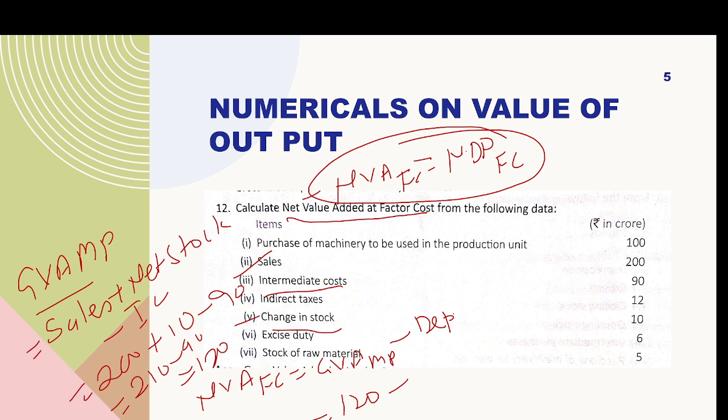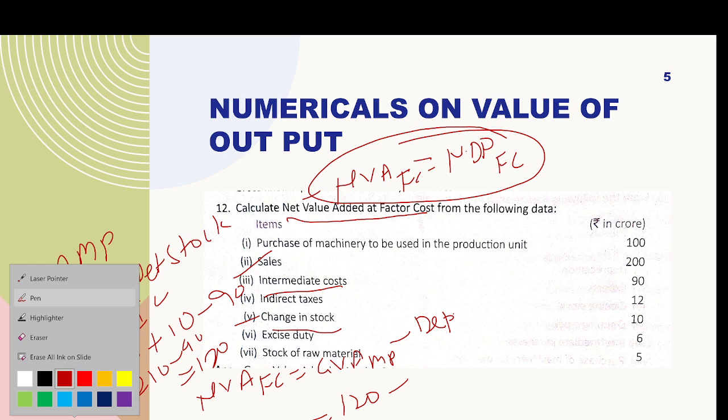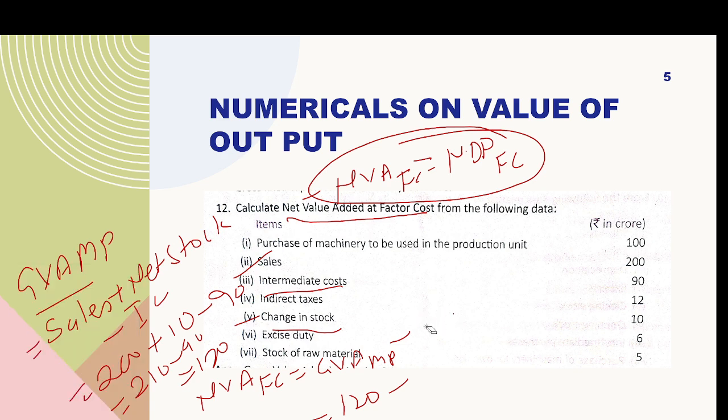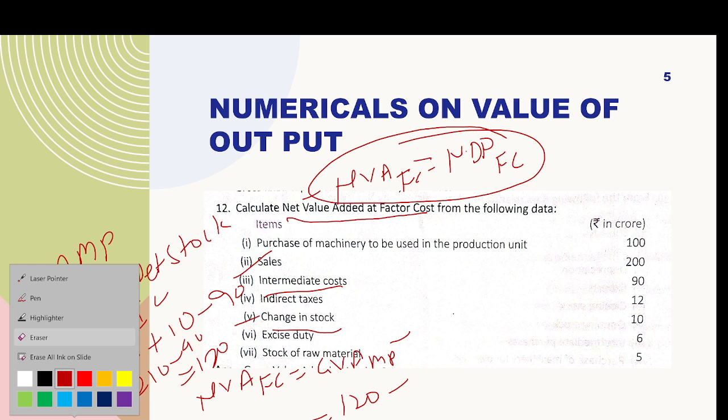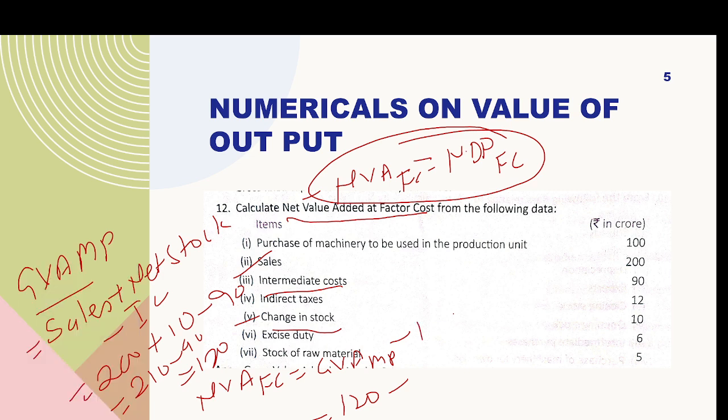In the question, are you seeing any part of depreciation? Sorry, not depreciation. This will be MP minus NIT.